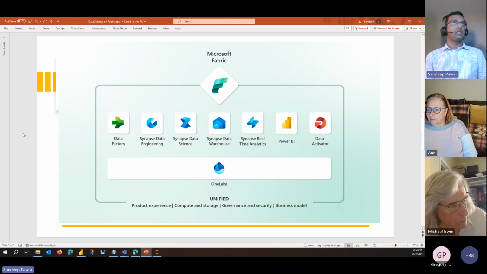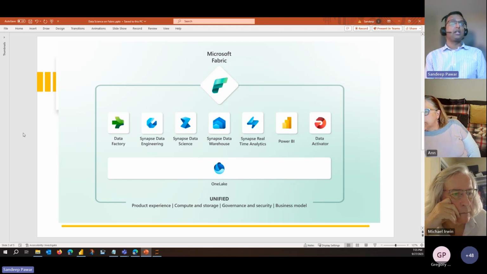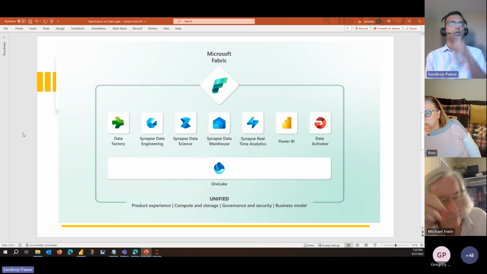Data engineering, obviously, to create your data warehousing solutions, which includes both data warehousing as well as the Spark SQL engine, data science, which is what we're going to talk about, Synapse Real-Time Analytics, Power BI, and Data Activator. Interestingly, I don't know if you've seen Data Activator, but it just lit up in my personal tenant today. So I'm going to take it on a ride sometime this weekend. So very excited for that.